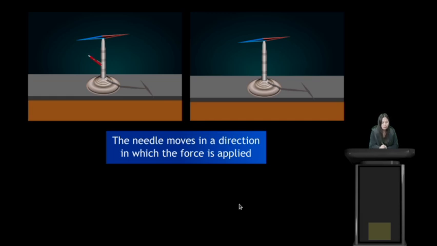So we push this needle in this direction, so we are applying force in this direction, and that is why the needle is moving towards this direction. In the second case, we push the needle in this direction, so we are applying force in this direction, and that is why the needle is moving in this direction. So the needle moves in a direction in which the force is applied.